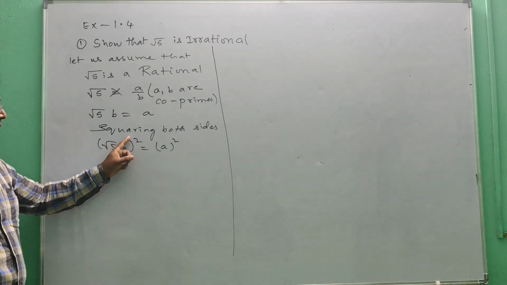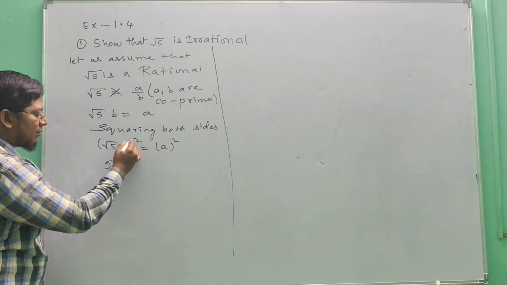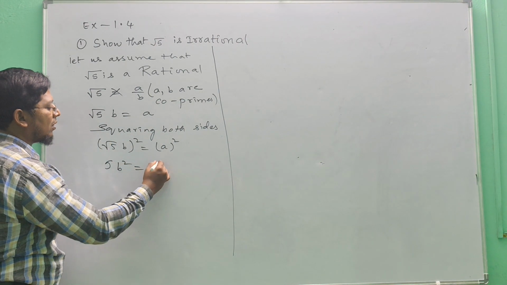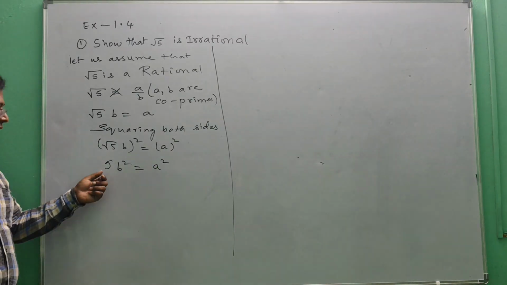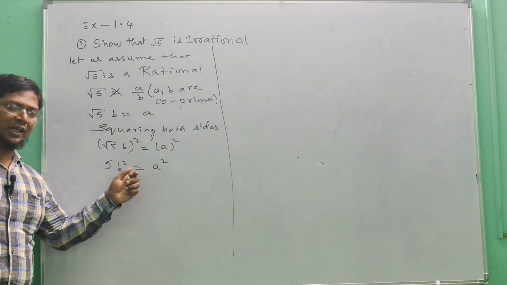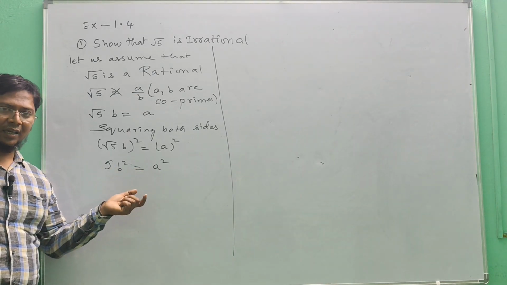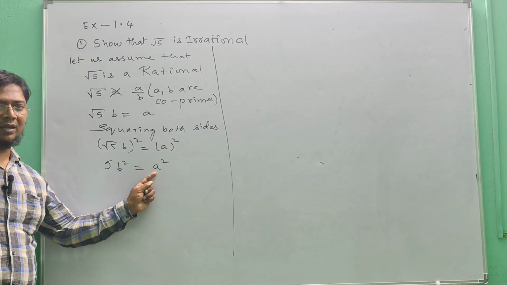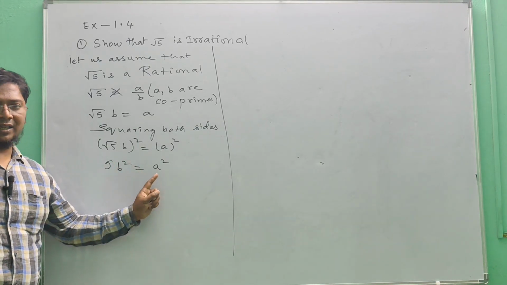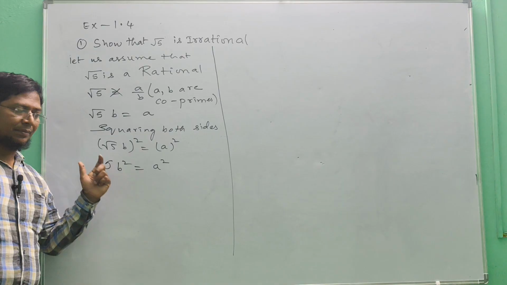Again root 5 square is 5, so 5 b square is equal to a square. We have a theorem, p divides a square, p also divides a, where p is a prime. Similarly 5 divides a square, 5 also divides a, where 5 is a prime.